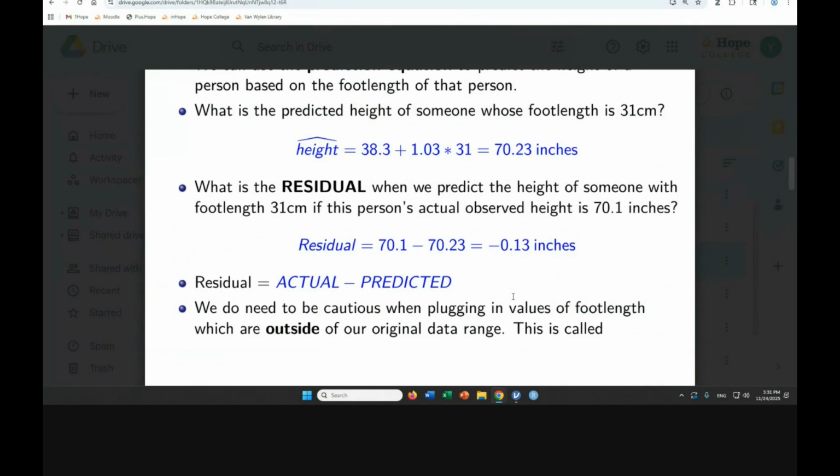We predicted first that this person whose foot length is 31 centimeters would be predicted to be 70.23 inches. That's a prediction. That's what the model says. But the actual height was 70.1. This person's real actual height was 70.1. So the model did a pretty good job. It's quite close. The residual is not even an inch. So it's actually doing a good job.